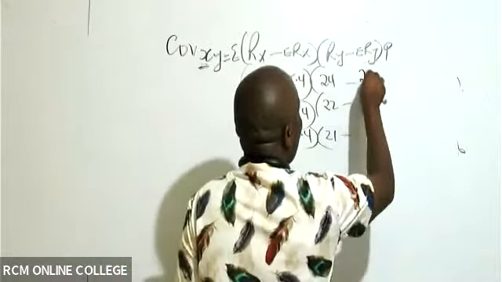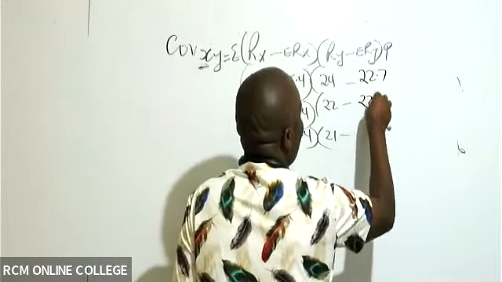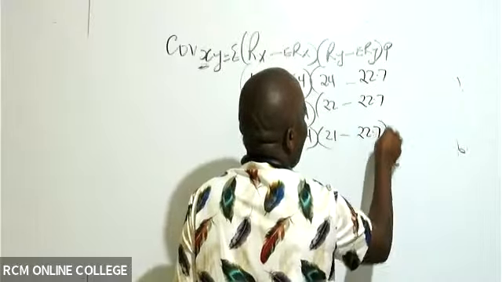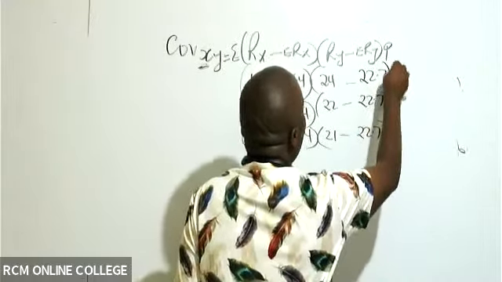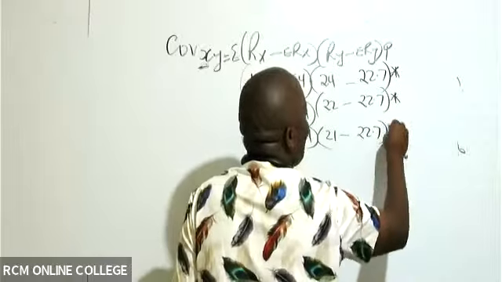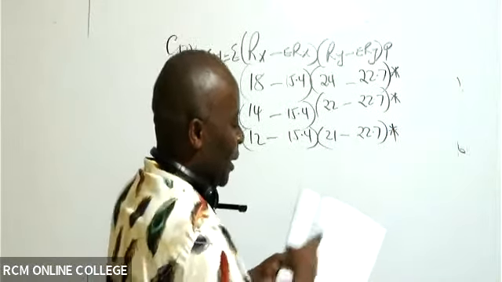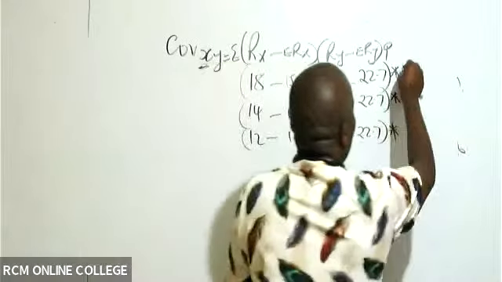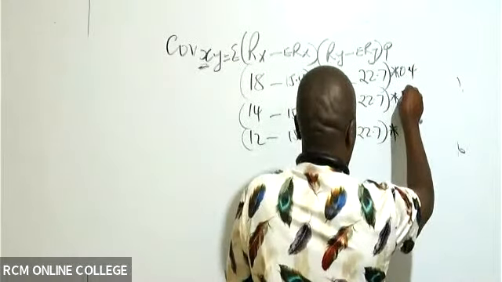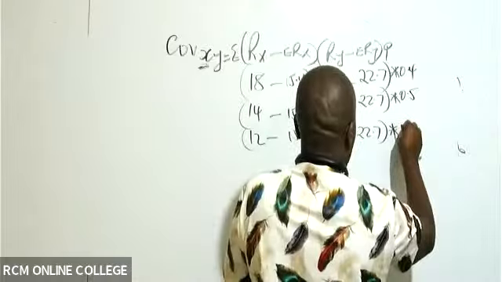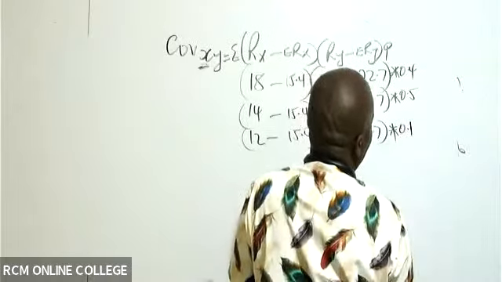So we have 22.7, 22.7, 22.7, like that. The probabilities are the same ones you're using constantly: 0.4 there, 0.5 here, and then 0.1 there.